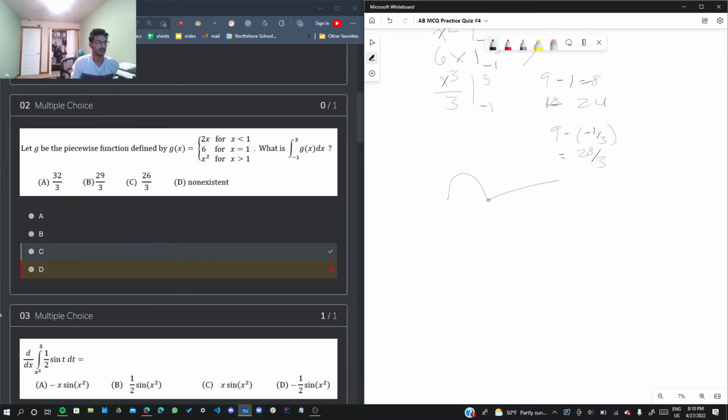So that would be just x squared from -1 to 3. So that's just going to be 9 minus 1, which is 8. And then from here, x squared, that's going to be x cubed over 3 from -1 to 3. That would be 3 cubed, that would be 9 minus -1/3.